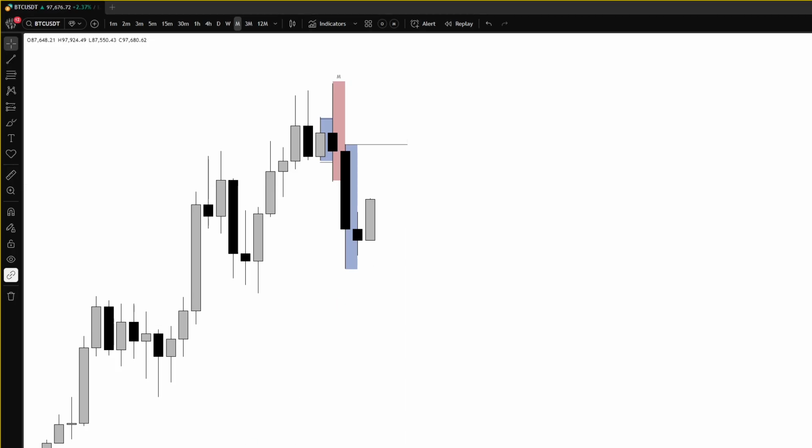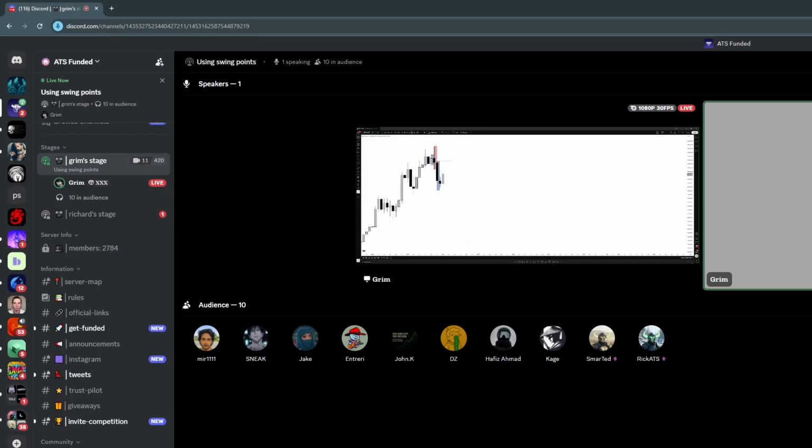Does that make sense? So you took this swing point and you marked it as manipulation. Yeah, I took candle 2 as a manipulation.